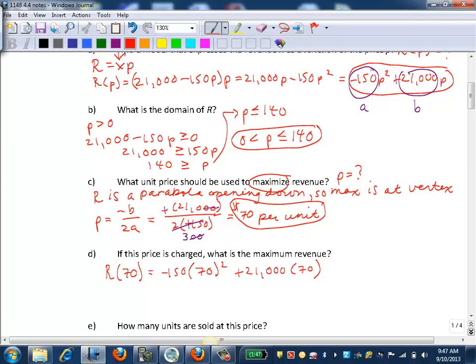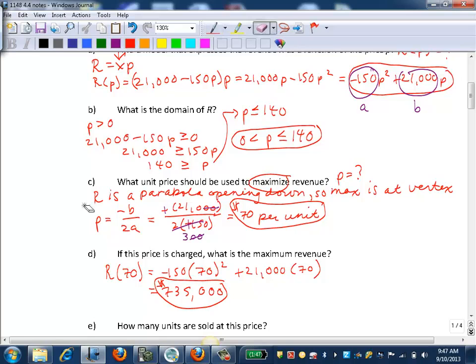We can enter that into the calculator, and we should get 735,000. So if we charge $70 per unit, we will bring in the maximum amount of money. The maximum revenue will be $735,000.